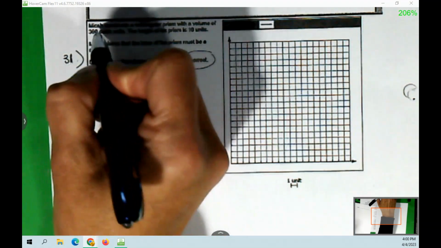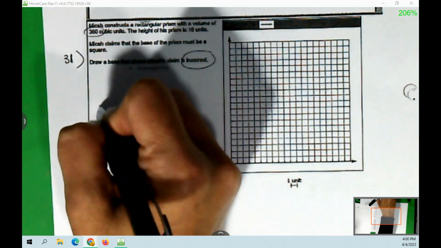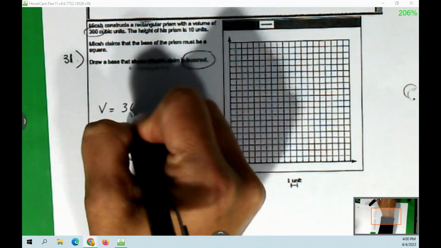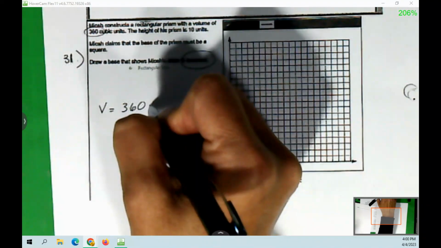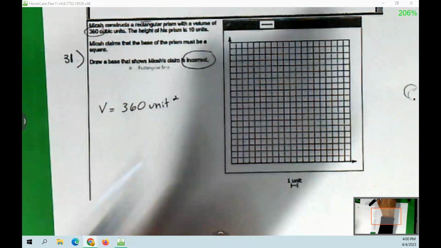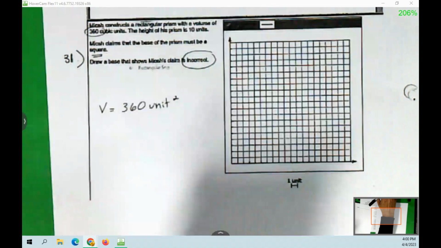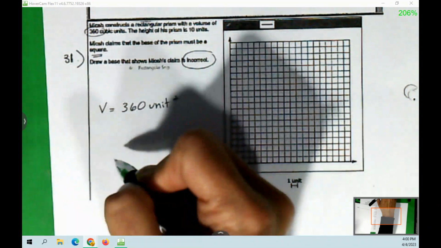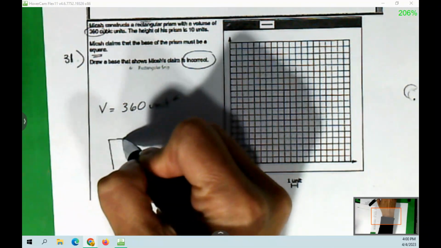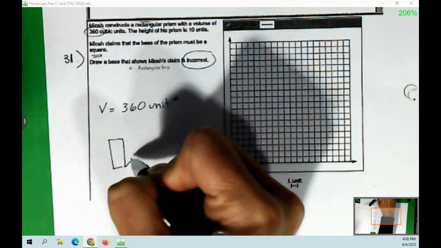Okay, so we're looking at 360 for volume. Volume is 360 units cubed. And he is claiming that it's a square. So if we're looking at volume of a cube, we can draw a picture of a cube here.